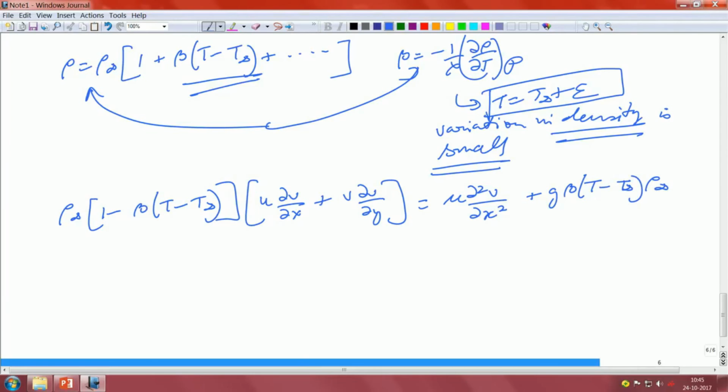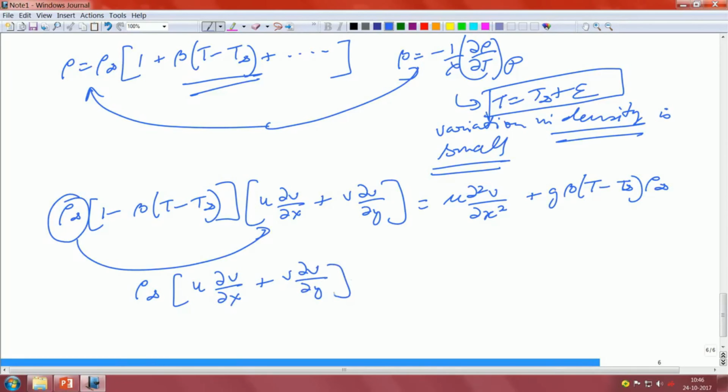However, we are going to keep only the dominant term, as we told earlier. So, we take rho infinity (u dv/dx plus v dv/dy) equal to mu d square v/dx square plus g beta (T minus T infinity) into rho infinity.